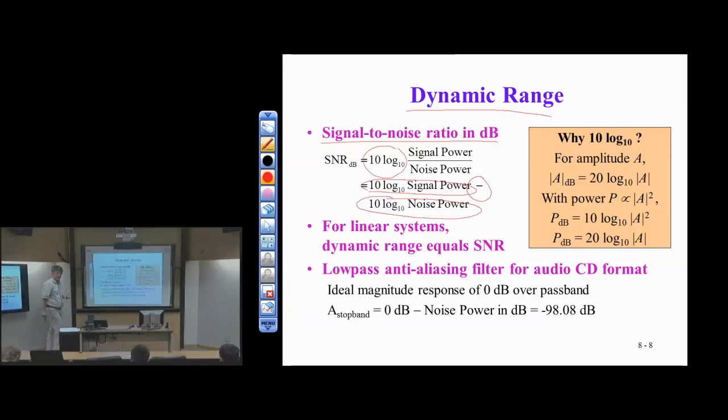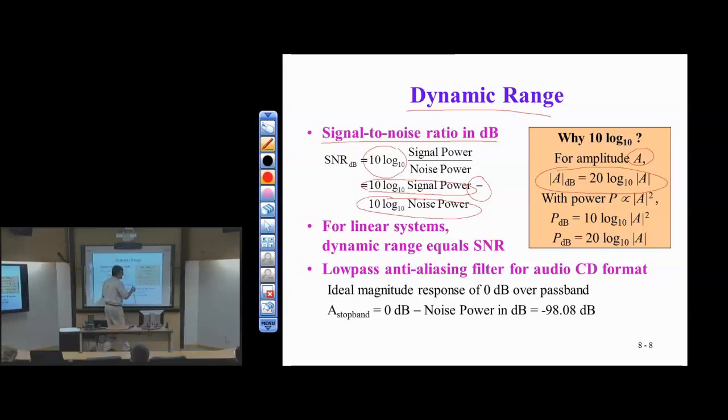And why is it 10 log 10? Normally we use 20 log 10, but that's for amplitude. So if I have an amplitude A, normally I convert to dB, which would be the normal case for a filter magnitude response plot.